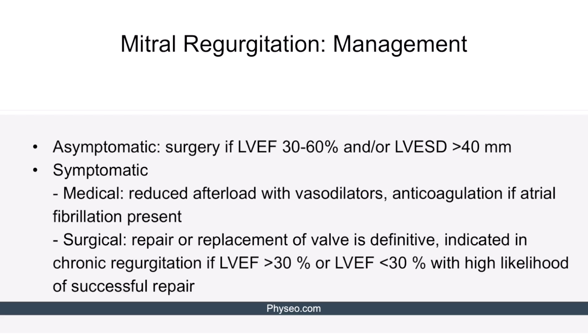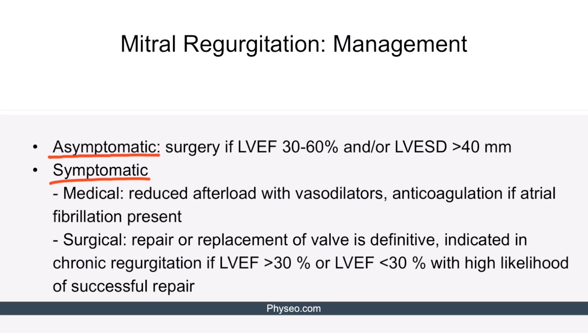Surgical correction of mitral regurgitation is indicated even in asymptomatic patients if left ventricular ejection fraction is between 30 to 60% and/or left ventricular end systolic diameter is over 40 millimeters. In symptomatic patients, you can reduce afterload medically with vasodilators, and prophylactic anticoagulation is indicated if atrial fibrillation is present.